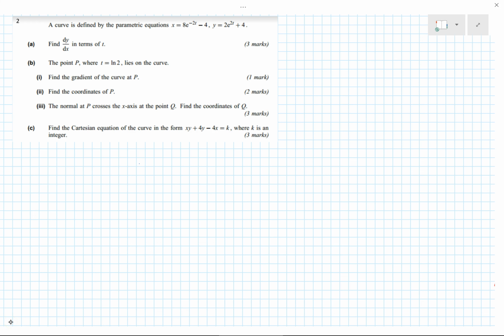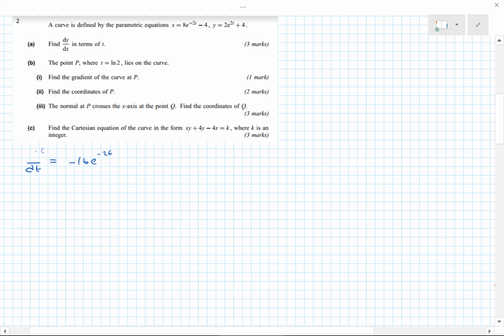So this question is parametric. We want to find dy by dx. So let's find dy by dt and dx by dt first. For this expression here, well, obviously the minus 4 goes, and we're going to be timesing by the minus 2 there. So that will be minus 16 e to the minus 2t, and that's dx by dt.